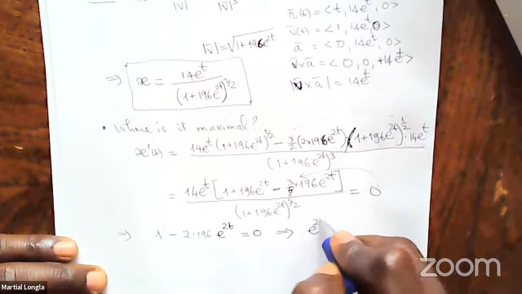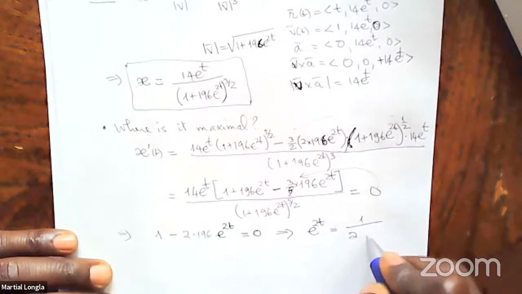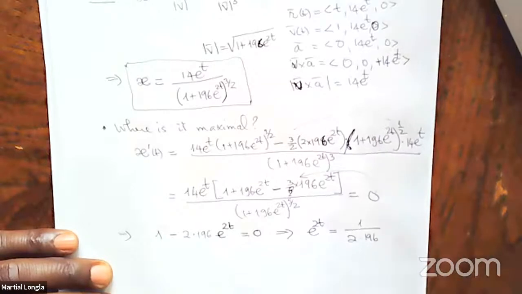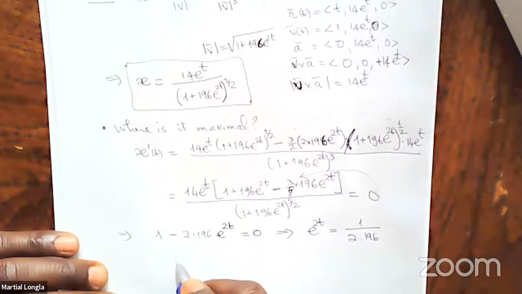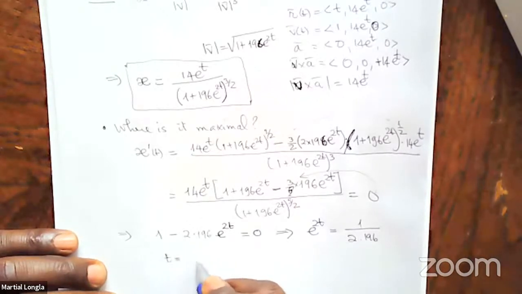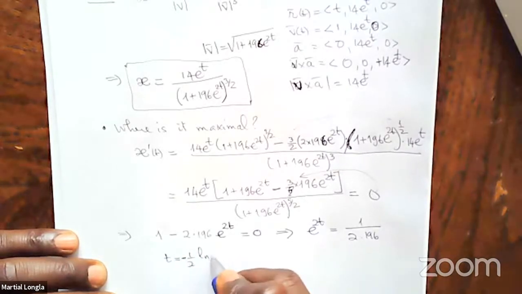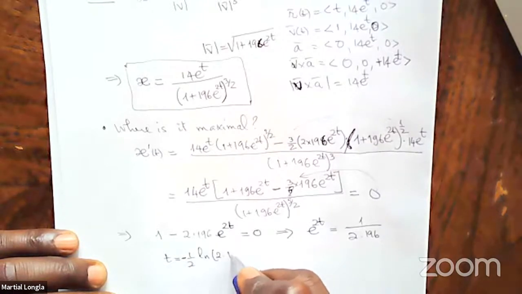That's e to the 2t equals 1 over 2 times 196. And so t is 1/2 natural log of, so minus 1/2 natural log of 2 times 196.